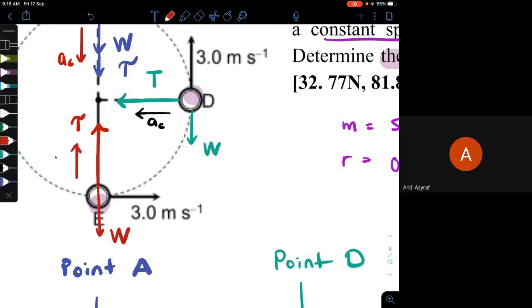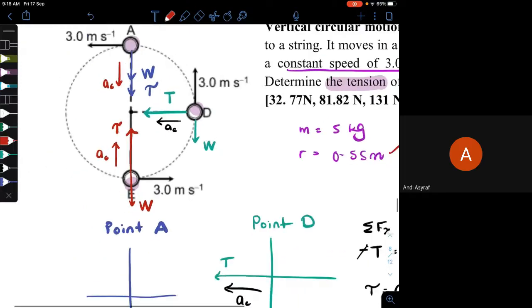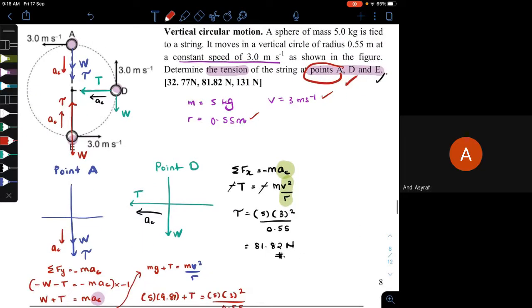Okay. So you then draw the free body diagram for point E. So we have tension, we have weight, and then we have our AC is ke atas.